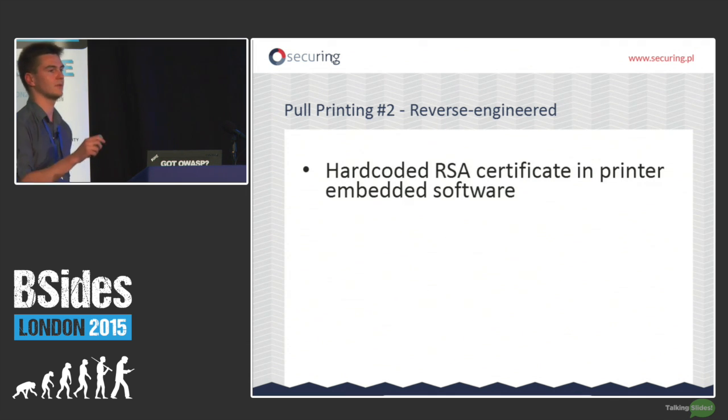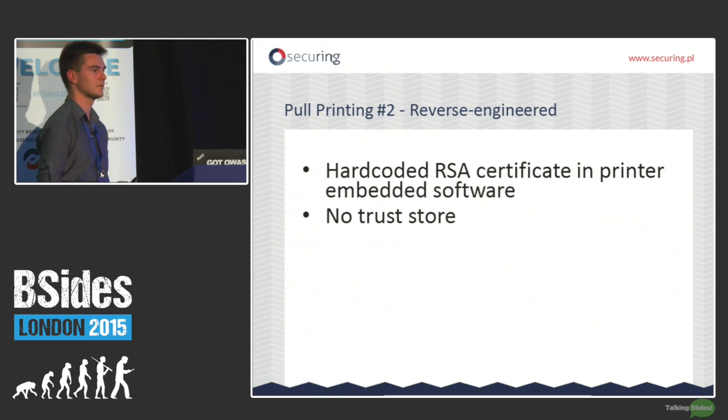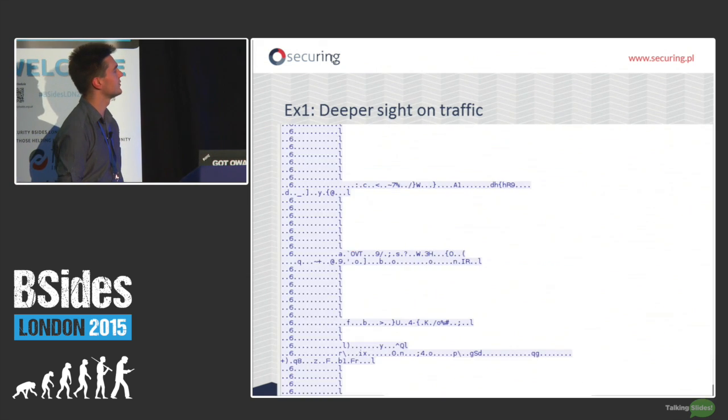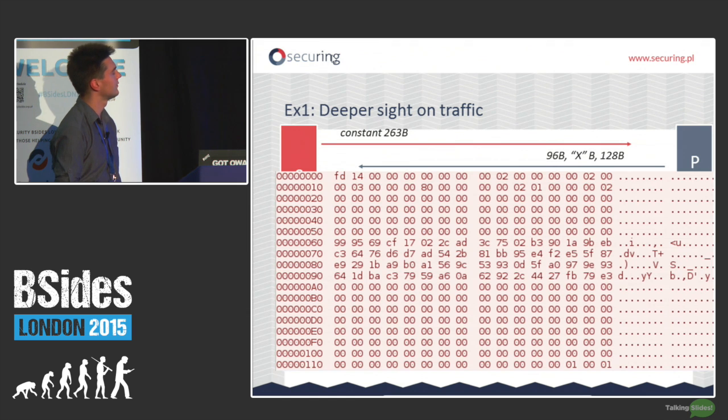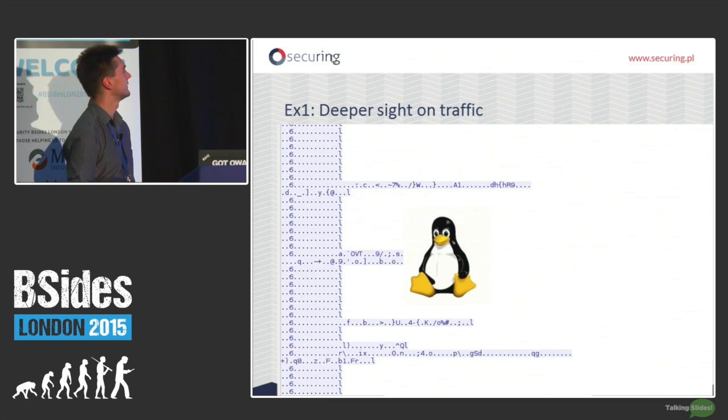We found in the embedded software installed on the printer hard-coded RSA certificates. On the server, there was no trust store. So the man-in-the-middle attack was possible just by changing this 512 bytes. Nonetheless, what if the key size was 2,000 bytes or more?